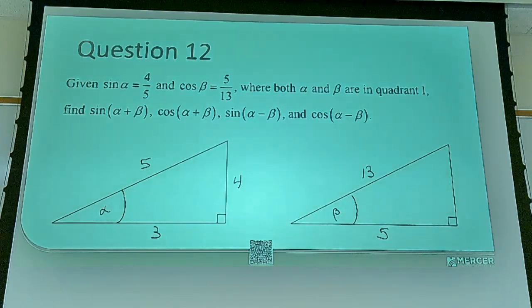What times itself is 144? 12. The square root of 144 is 12. That's the missing length.